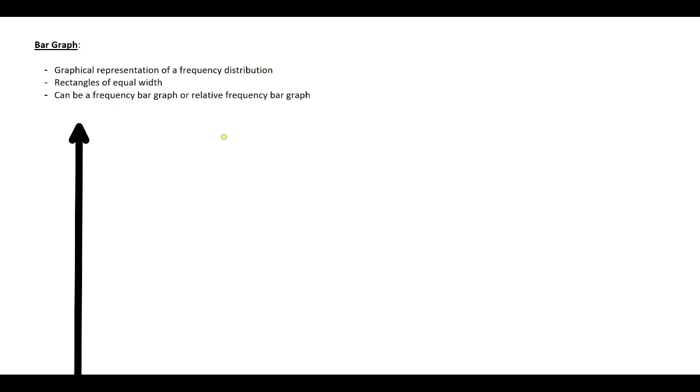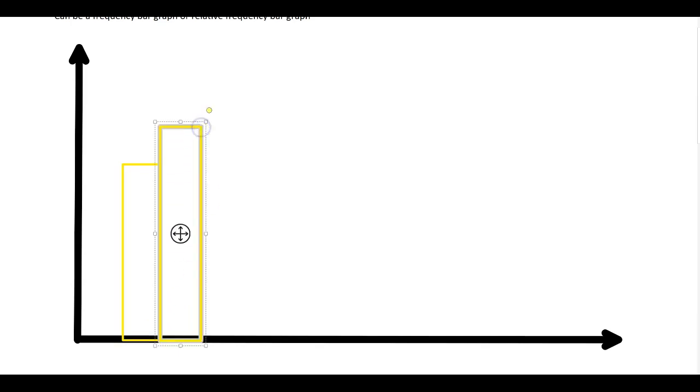Honestly, the heights of the bars should be the exact same whether you're using frequency or relative frequency. It's mainly just how you're going to label this y-axis, this left side axis over here. So if I'm looking at just a regular bar graph, I'm just going to give us some bars here for different heights.